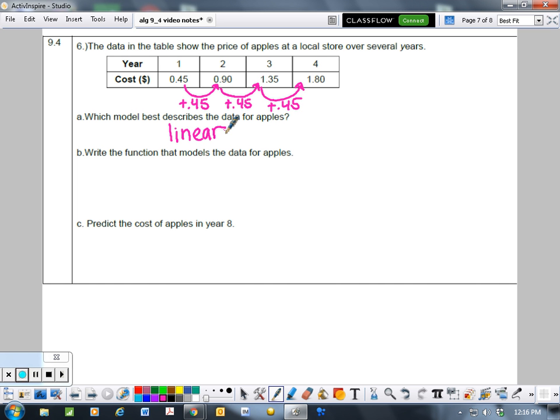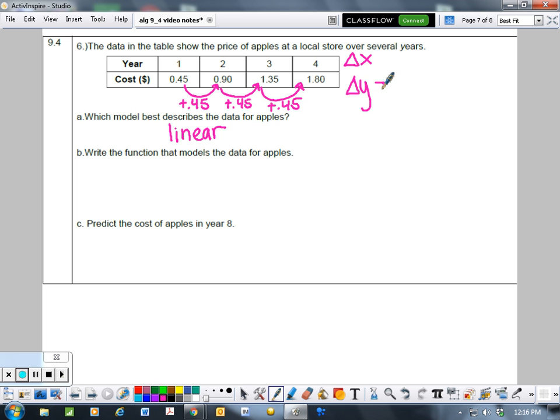Now, we're going to write a function that models that. Let's think about what we did way back in September, October in chapter 3. We talked about linear functions and slope. Slope is our change in y over our change in x.